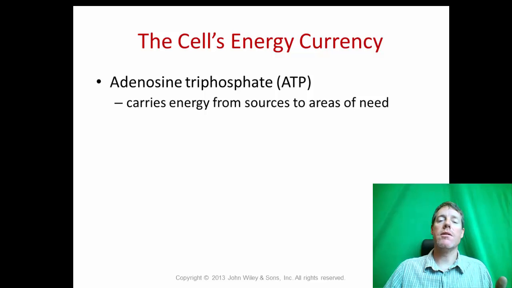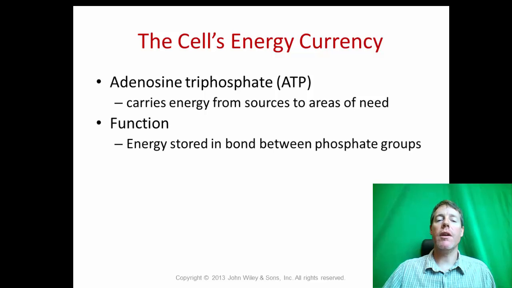Adenosine triphosphate is the same way. There are many molecules that carry energy in cells, but ATP is the universal energy carrier that can be used by everyone. It can be used by many different kinds of organisms, and within those organisms it can be used by all of the chemical reactions that need energy input, and chemical reactions that produce energy create ATP so that energy can be used elsewhere.